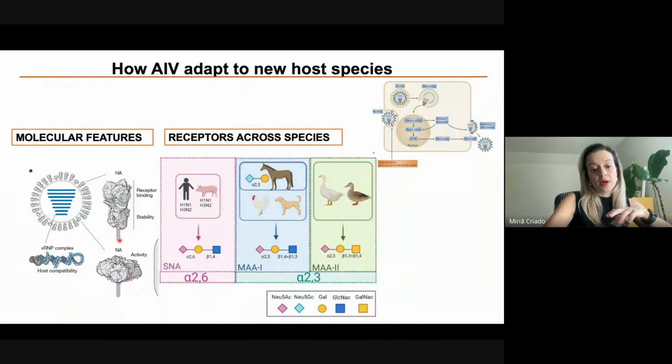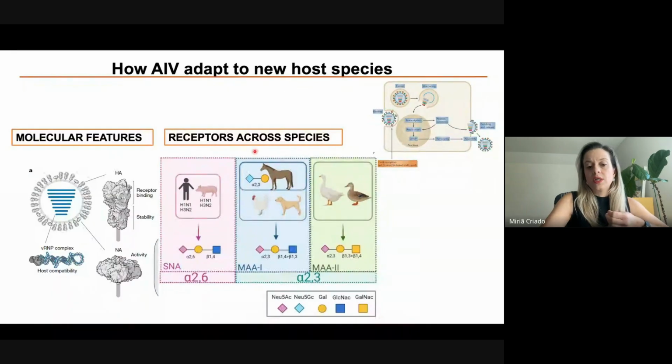Glycoproteins are hemagglutinin and neuraminidase. There are also a lot of studies showing adaptation to new hosts with changes in the polymerase complex, and also due to receptors across these species.